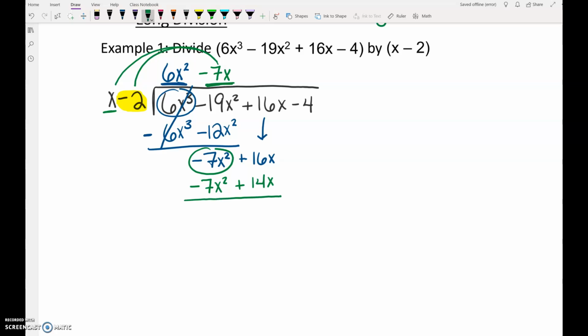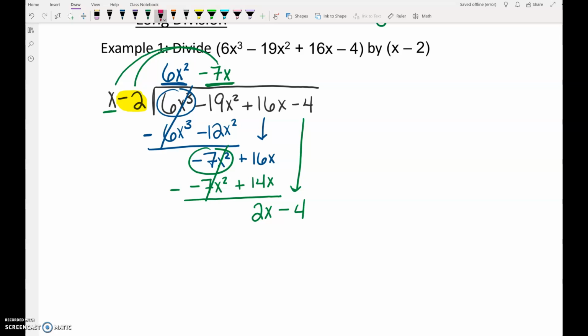We subtract. Negative 7x squared minus a negative 7x squared, those cancel. 16x minus 14x would give us 2x. Bring down the minus 4.